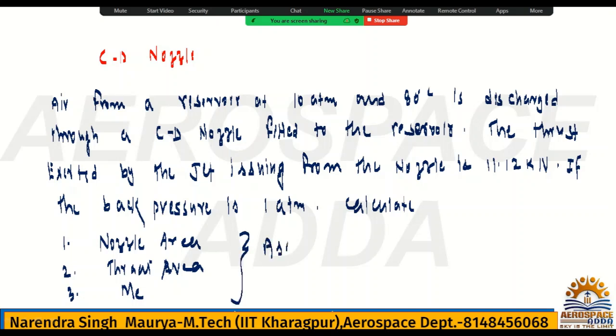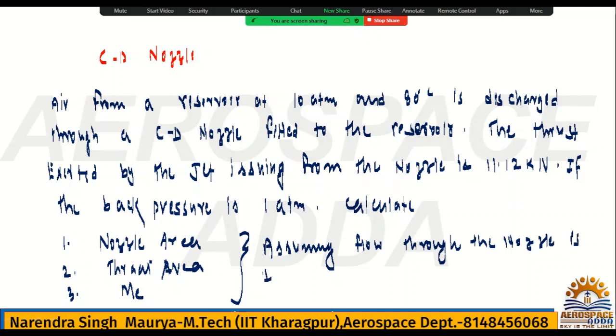This is the assumption: assuming flow through the nozzle is isentropic and correctly expanded.